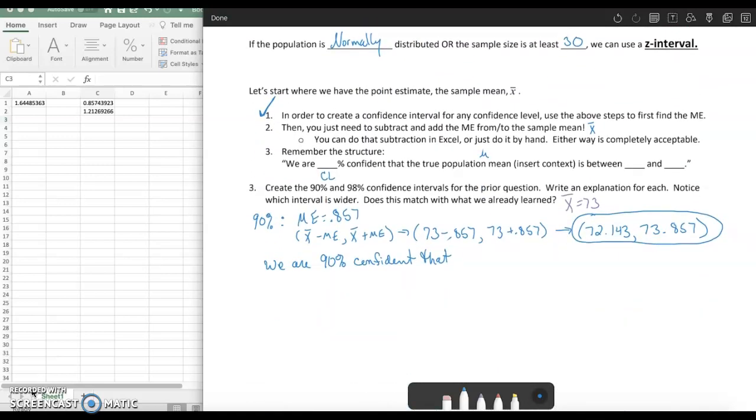So I'm 90% confident that the mean score on all of these stats exams is between 72.143 and 73.857.